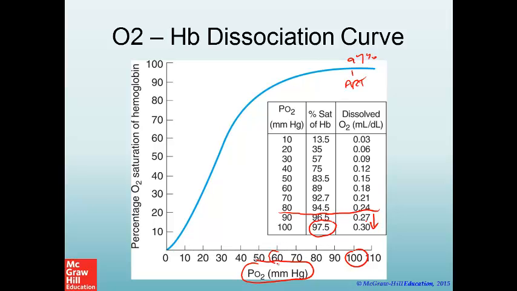Here, we'll look at 60. And you see the change between 100 and 60 is a decrease of less than 10% saturation. But at this point, the curve begins to change its slope and become a little bit more of a precipitous drop.